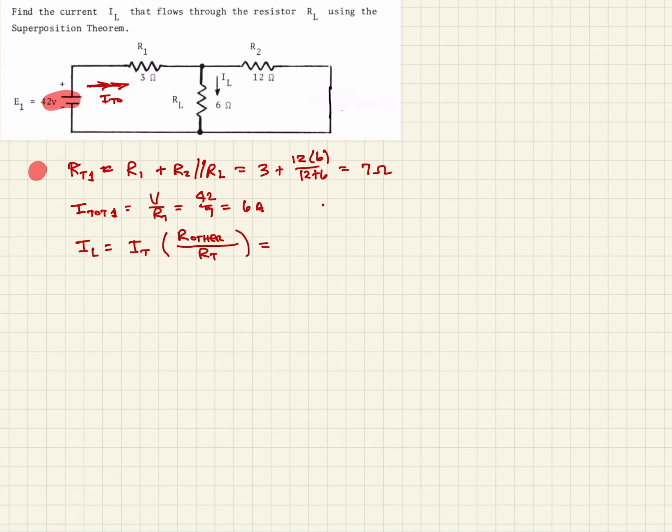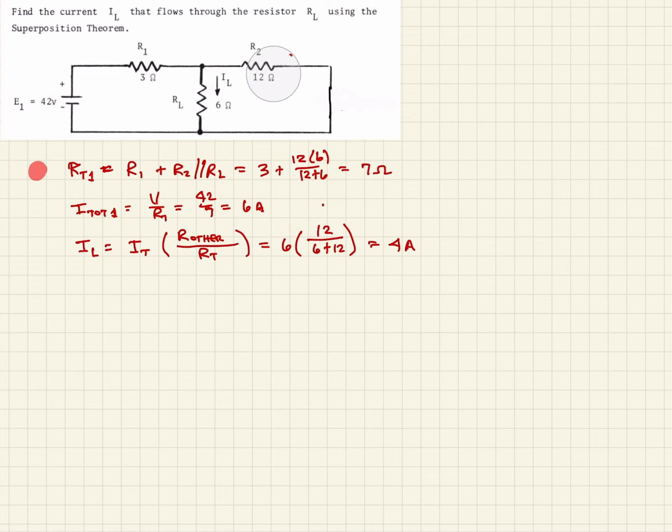So in this case, we're interested in the current here, so the other leg would be this one. So it'd be R2, so that's going to be 6 times 12 over 6 plus 12. And so when we calculate that out, we should get 4 amps. So that's the value of IL from the 42 volt source.